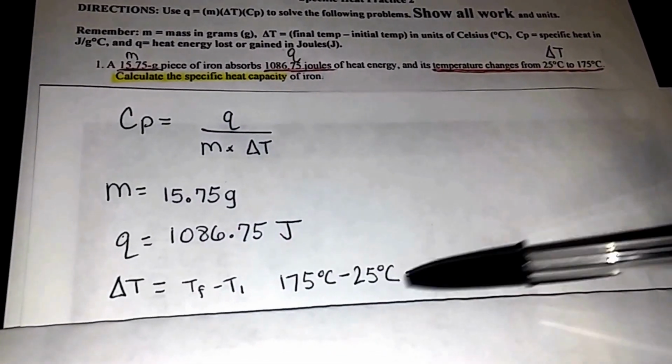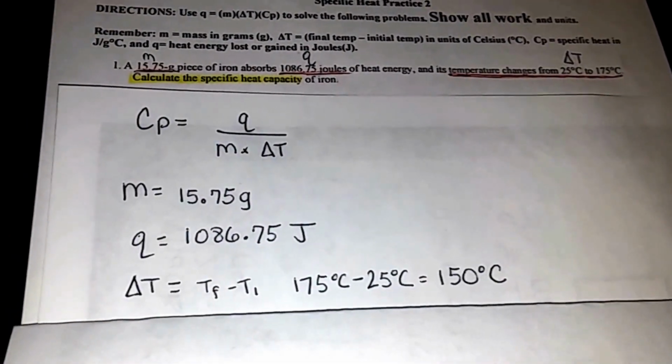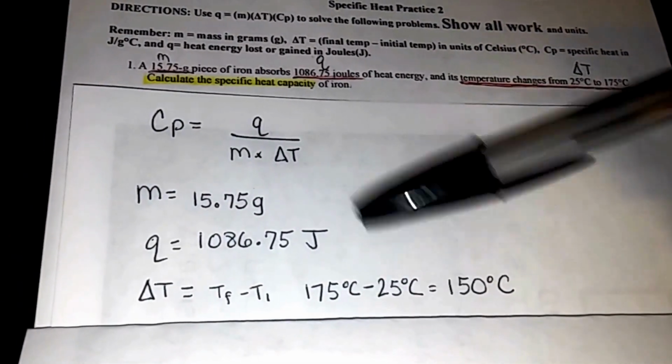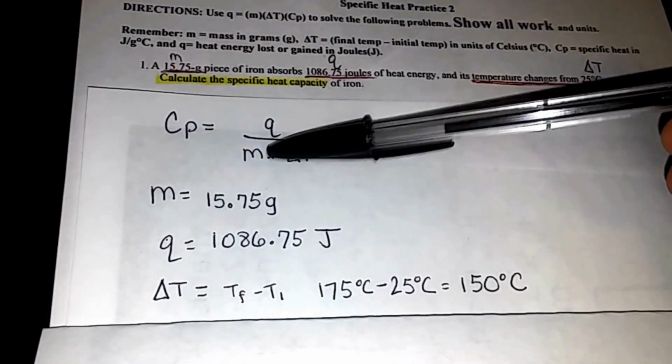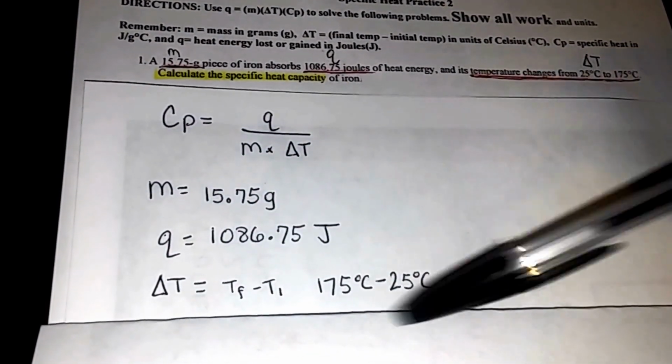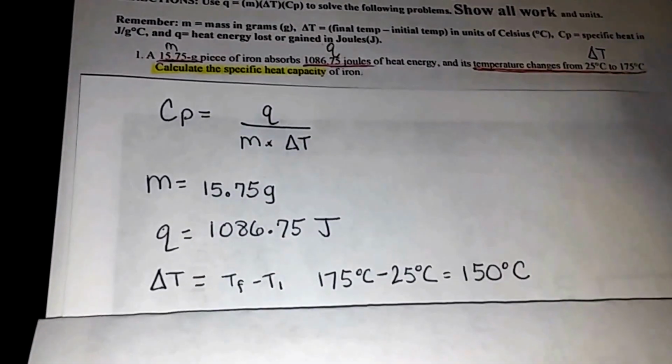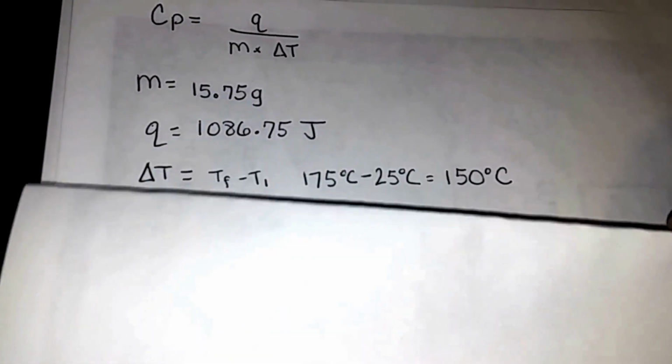So we subtracted the two to get 150 degrees Celsius. From this point, you're going to substitute all your givens. So this number goes here, the Q goes here, and then the temperature goes here. And it'll look like this.